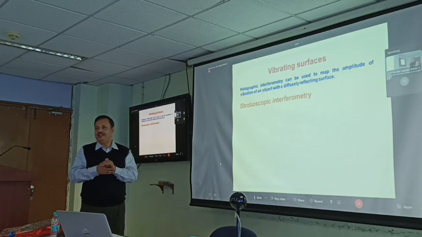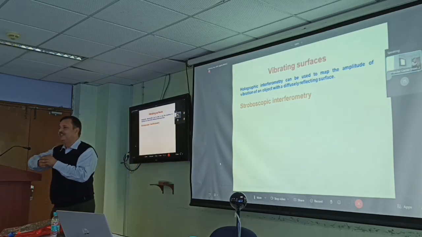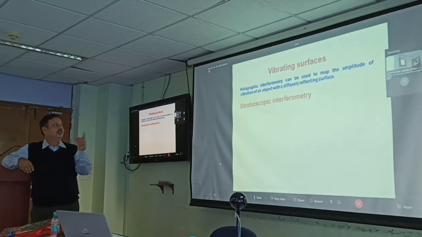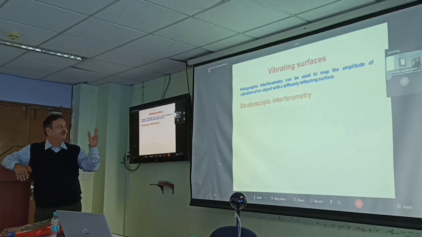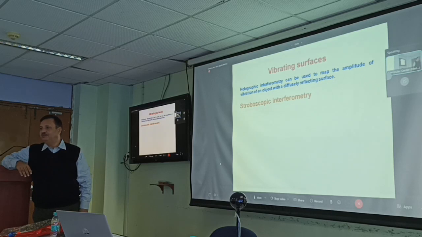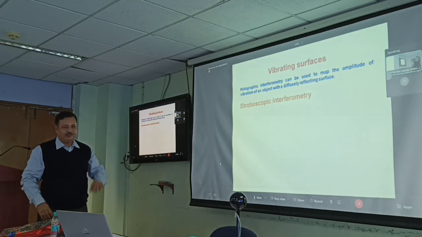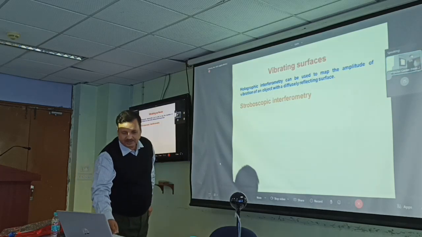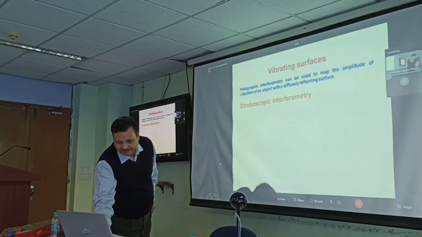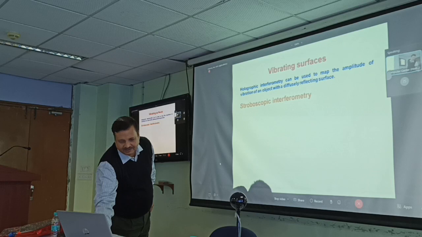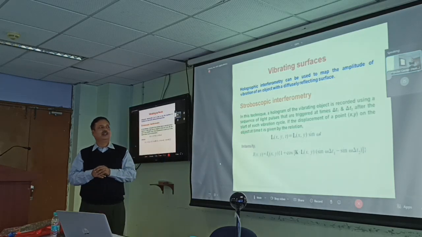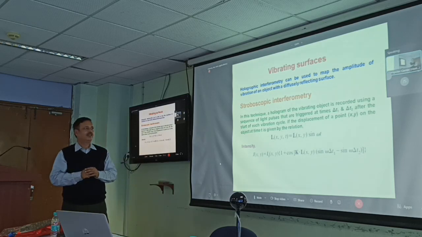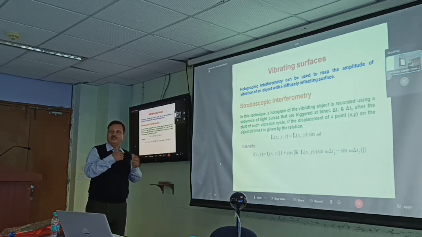Now the vibrating surfaces. I showed you the image of the guitar, and here I just wanted to add the same thing. For solving this type of problem for vibratory systems, we have a technique called stroboscopic interferometry. What you do in this case is record a hologram of the vibrating object using a sequence of light pulses.